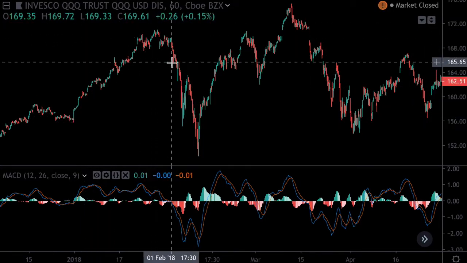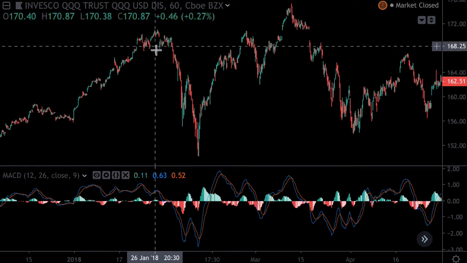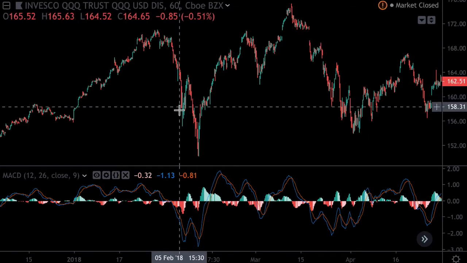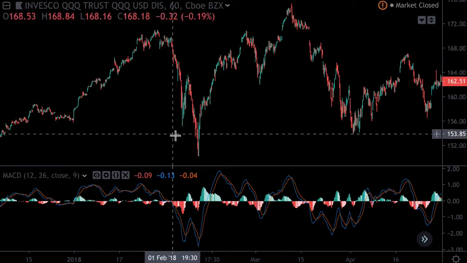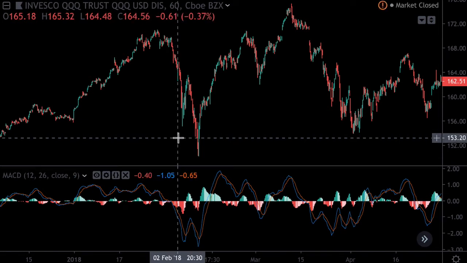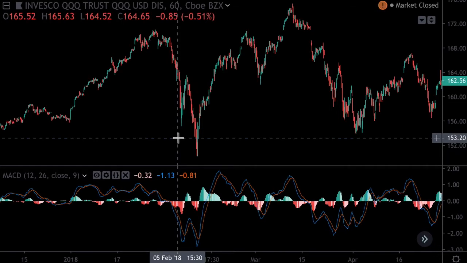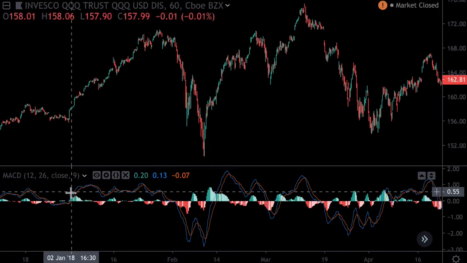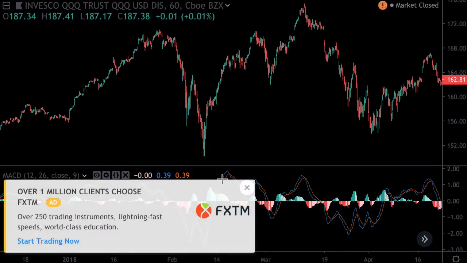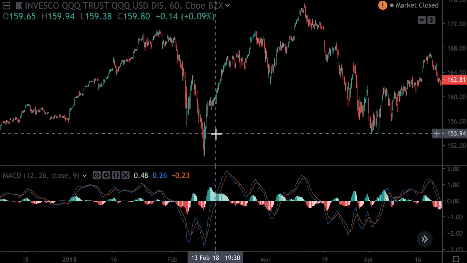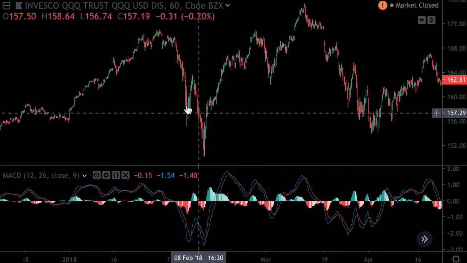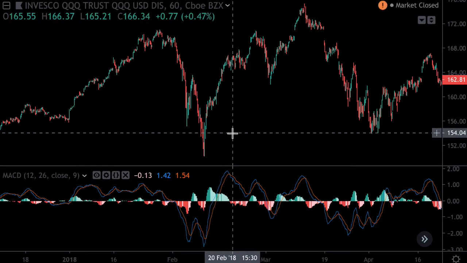And this is an hourly chart from around February. But MACD obviously works in multiple time frames. It works on the daily chart, on the weekly chart, and obviously if you identify a buy or sell signal on the daily time frame, it will have consequences longer term than just the hourly chart.